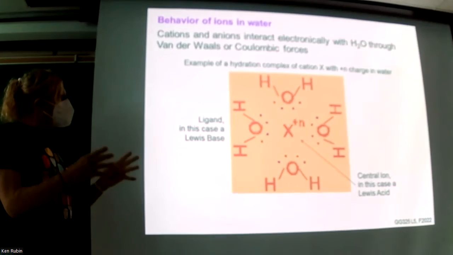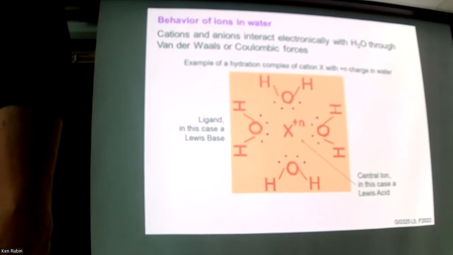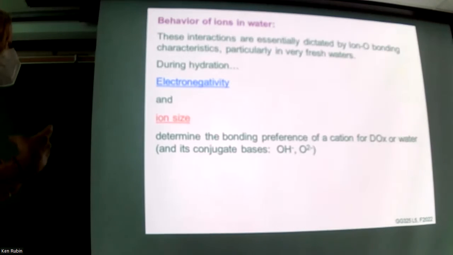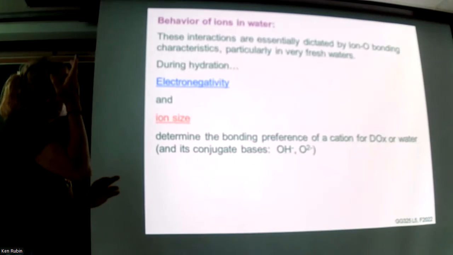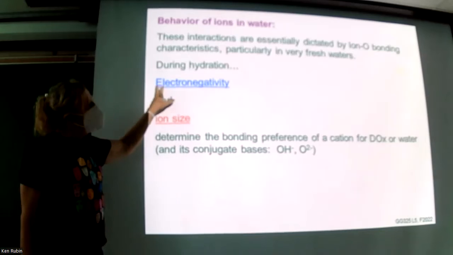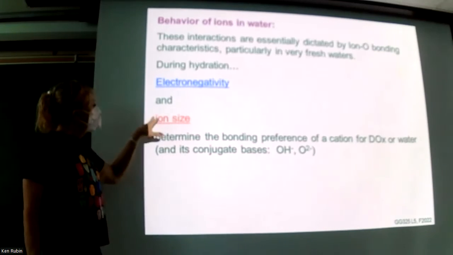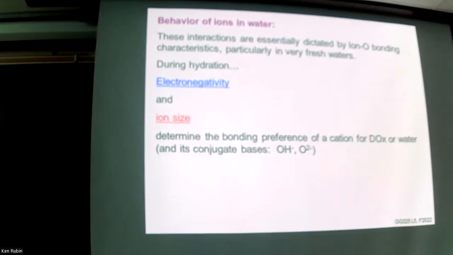But again, we can think about how covalent that bonding interaction may or may not be to decide if we get a compound ion, which is from interaction with water, or we stay as a free ion. So the two parameters that decide that are the electronegativity, as I've talked about, and the size. So if you have like a really weird big ion, like these guys down here, right?